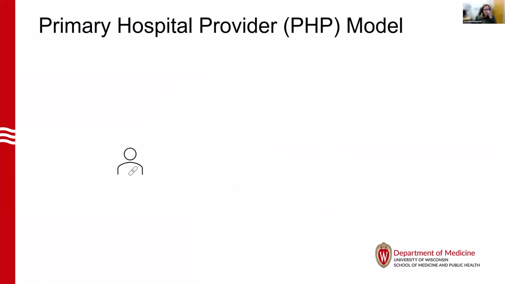Our innovation that we proposed was our primary hospital provider model. The idea being that when a patient is hospitalized, they get assigned to the primary hospital provider team. Our innovation is that we were trying to cohort a smaller group of hospitalists.